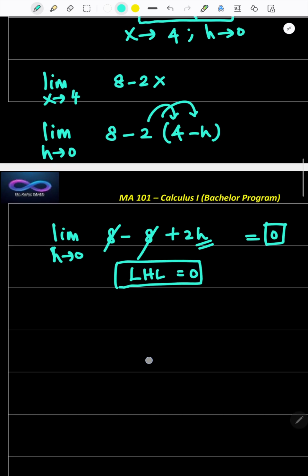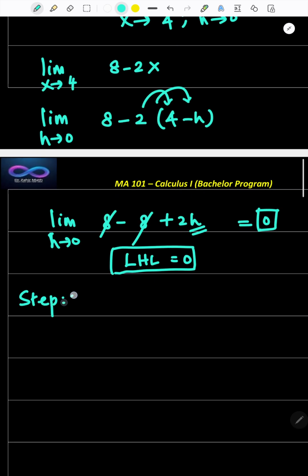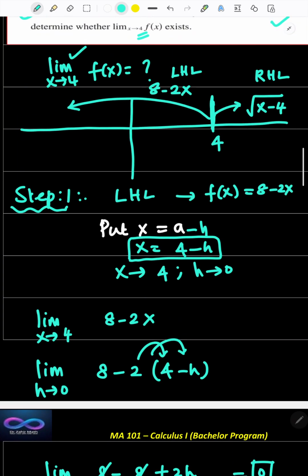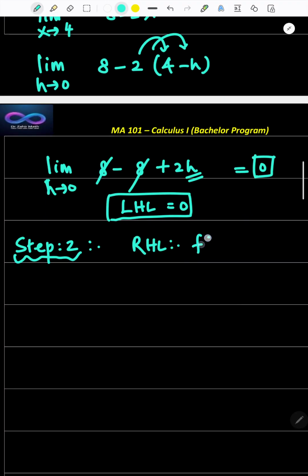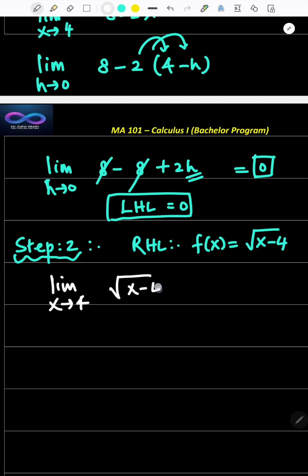Right. Now step number 2 is we are going to find out the right hand limit. Right hand limit for the function f of x equals square root of x minus 4. So limit x goes to 4, square root of x minus 4.